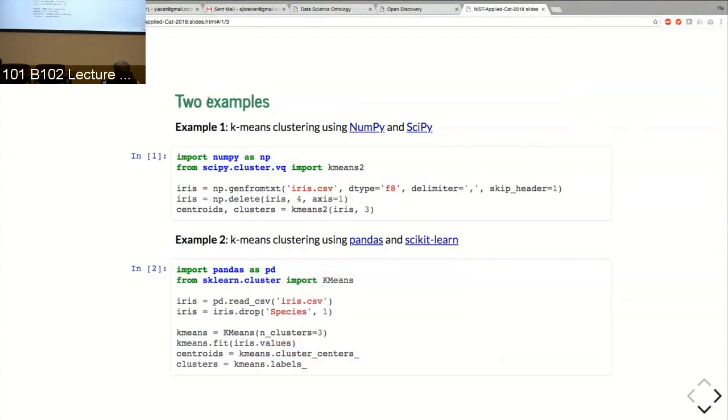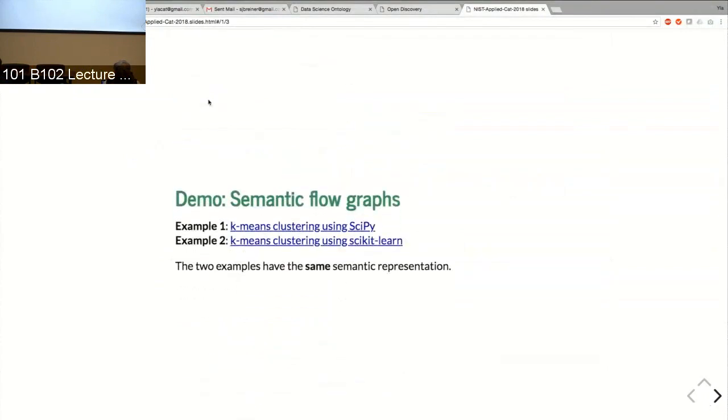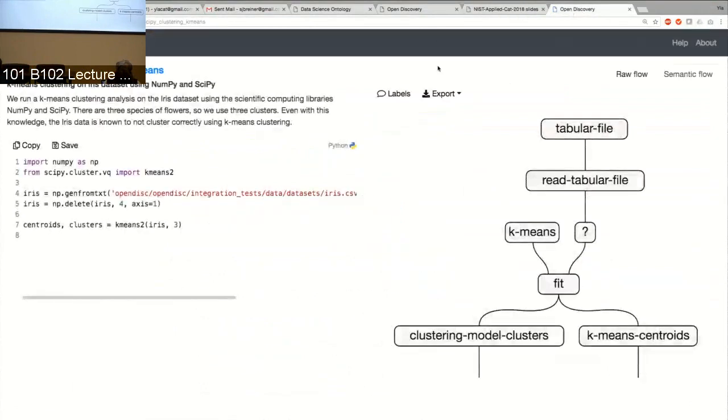At least on these examples, our system actually works in the sense that it produces a semantic representation that is the same for both of these analyses. So here's the first one on the left, and on the right we have this data flow graph, which those of you who are familiar with category theory will recognize as a string diagram.